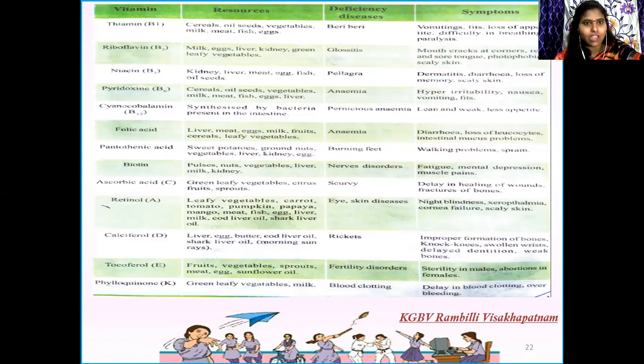In the same way, they can ask if there is deficiency of ascorbic acid, what disease we can get, what symptoms we can get. Means delay in healing wounds, and increased fractures of bones. These are the problems we can face if we do not get this ascorbic acid properly.